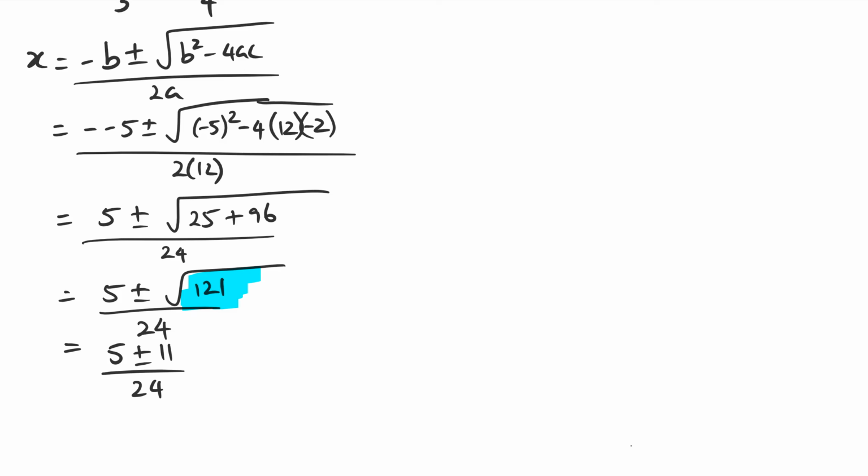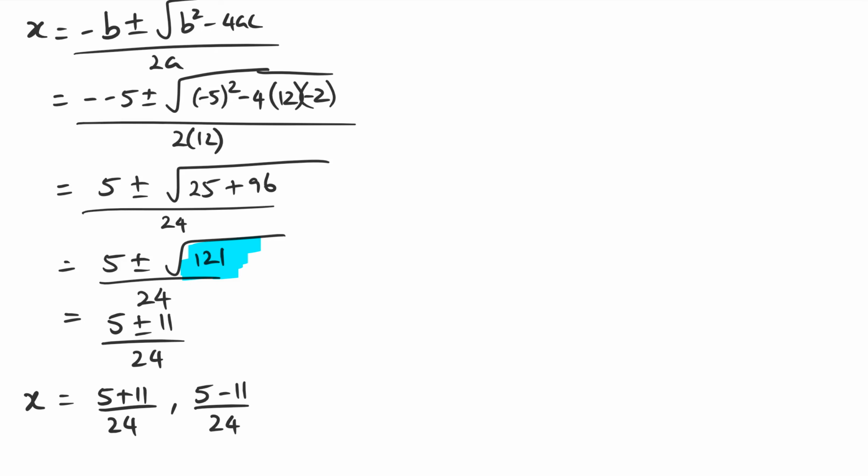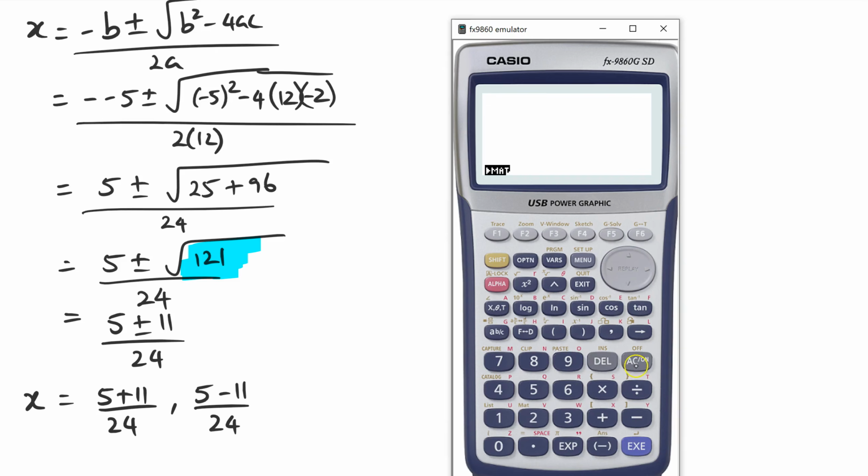So my two answers for x are going to be 5 plus 11 over 24 and 5 minus 11 over 24. And if I do this in the calculator now, just make sure you put 5 plus 11 in a bracket. So there you go. My first answer is that.